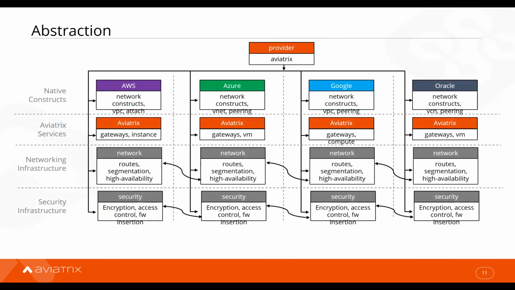So here's a view of the abstraction, right? And up at the top, you'll see our provider. And beneath it, in each one of the swim lanes, you'll see the various bits of control that we have over all of the cloud service providers. So if we start over at the left, and let's say that your organization is invested heavily in AWS, and your environment's the way that you like it, and all of your team is experienced in AWS, and all of a sudden you need to pivot into another cloud.